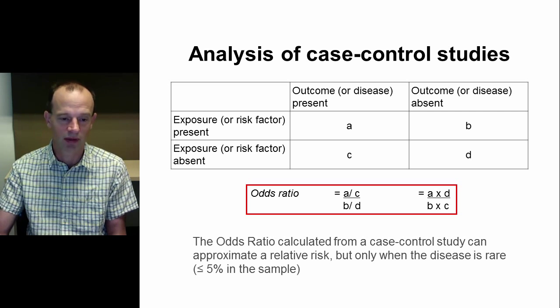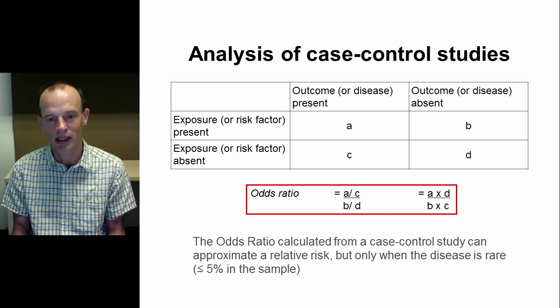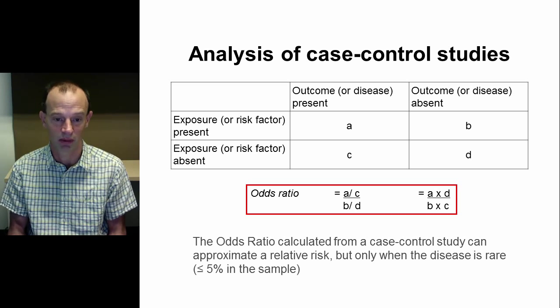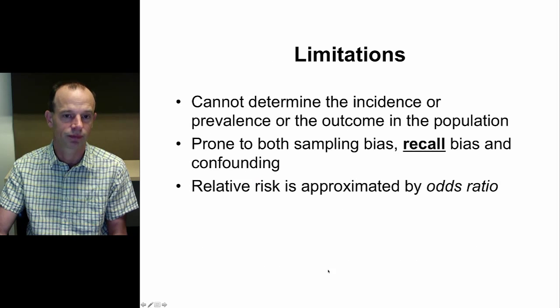So you have to be cautious that if you see a very high odds ratio, it probably doesn't reflect the actual relative risk. It's probably an overestimate in most circumstances.